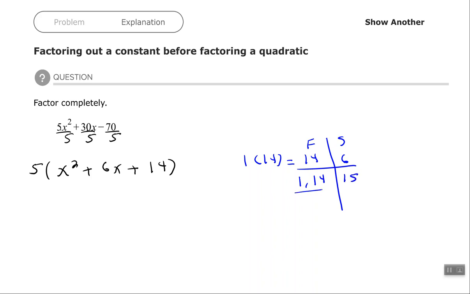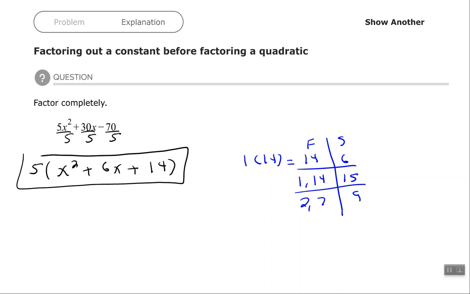So 1 and 14 adds up to be 15. 2 and 7 adds up to be 9. I don't think anything else will go into 14. So we cannot factor this anymore, since we couldn't find the pair of numbers that multiply to be 14 and added up to be 6.